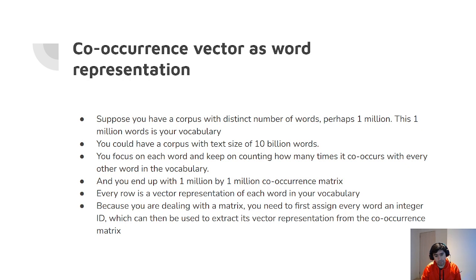To build a co-occurrence matrix, you would focus on each word in your vocabulary, and you would be counting how many times it co-occurs with other words in that corpus. And you end up with a 1 million by 1 million co-occurrence matrix.